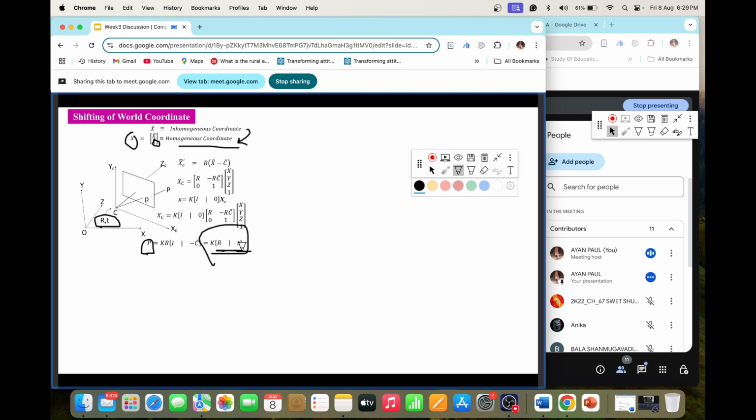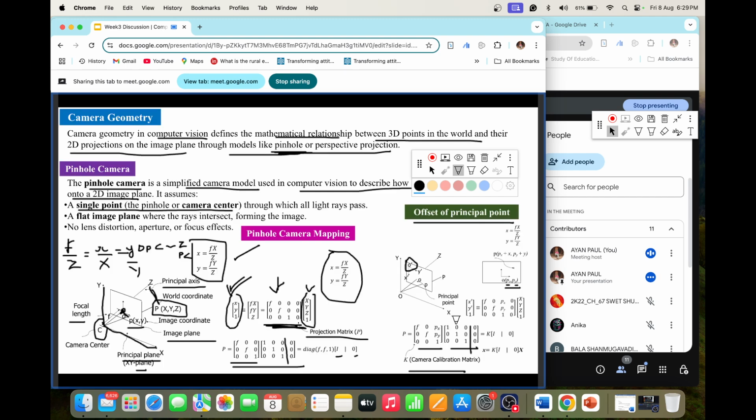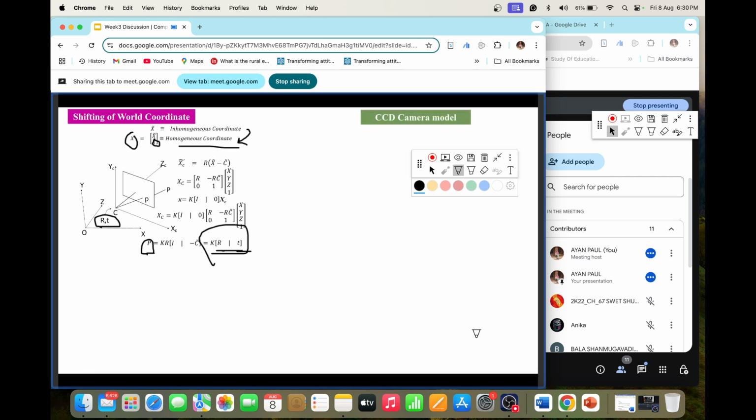In place of the identity matrix we will have a rotation matrix, because we have rotated the principal plane, and in place of this 0 column vector we will have a translation vector, because we have translated the plane also. So these are the changes when we are shifting the world coordinate.